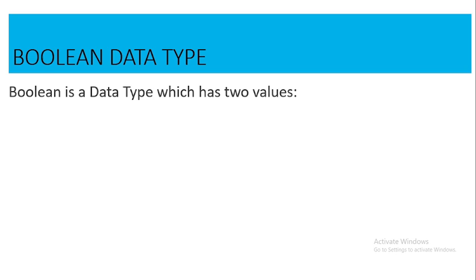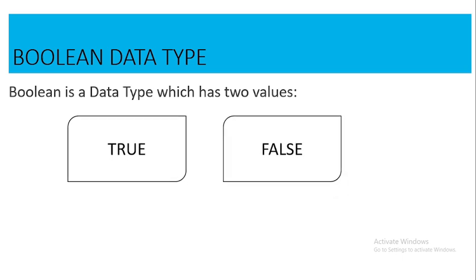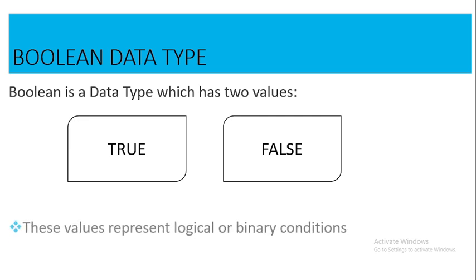Boolean data type is a data type which has two values. So Boolean data type deals with only two values. And what are these two values? They are true and false. So Boolean data type is a data type that has only two values, which are true and false.